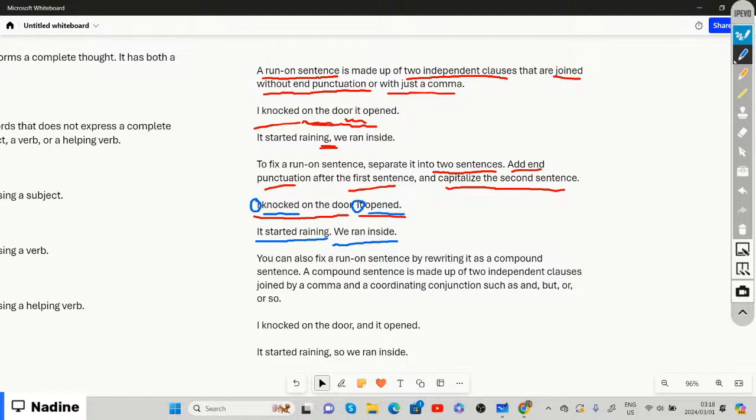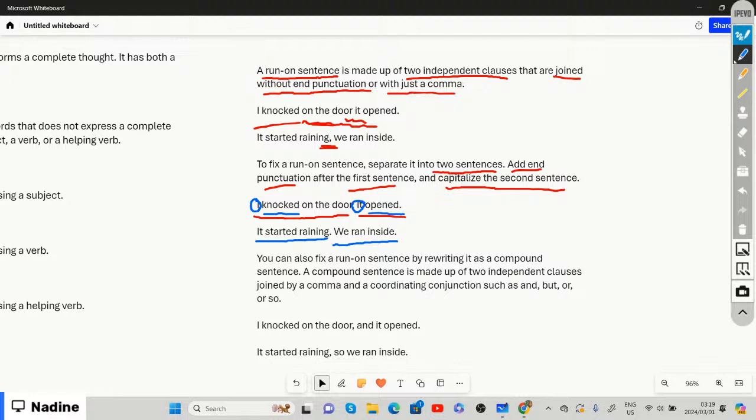And also when we fix a run-on sentence, especially when we're separating the two independent clauses, we can fix it by rewriting it as a compound sentence. And how do we do that? We rewrite it as a compound sentence by adding a conjunction. A compound sentence is made up of two independent clauses that are joined by a coordinating conjunction.